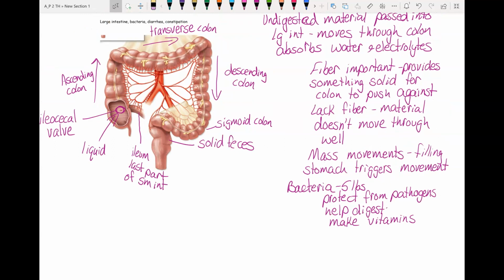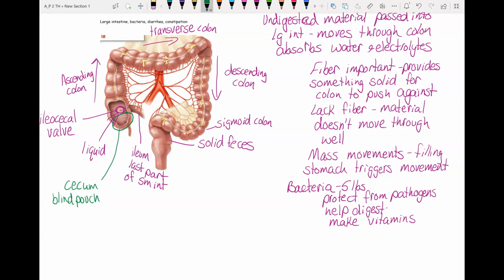In addition to the colon, there's some other parts of the large intestine. This area that hangs down below the ileocecal valve is called the cecum. And it's nicknamed the blind pouch because it's a dead end. Material comes in through the ileocecal valve and it moves up the ascending colon.